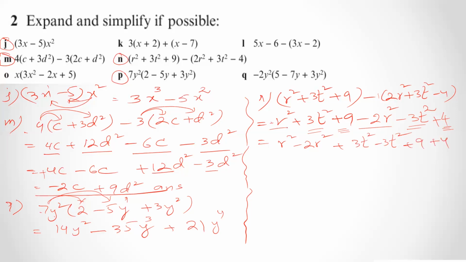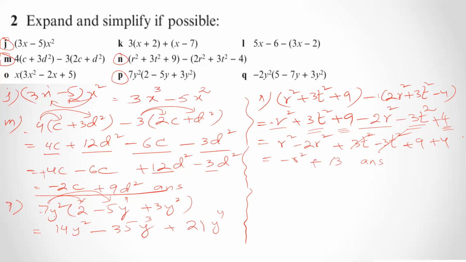Okay, so here r square minus 2r square is negative r square, plus negative 3t square plus 3t square. These two terms are the same, one having a positive sign, one having a negative, so these will cancel each other. So negative r square plus 9 plus 4 will be 13. So this is the answer for question N.